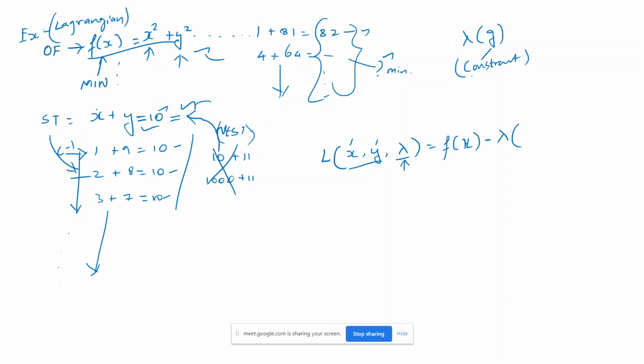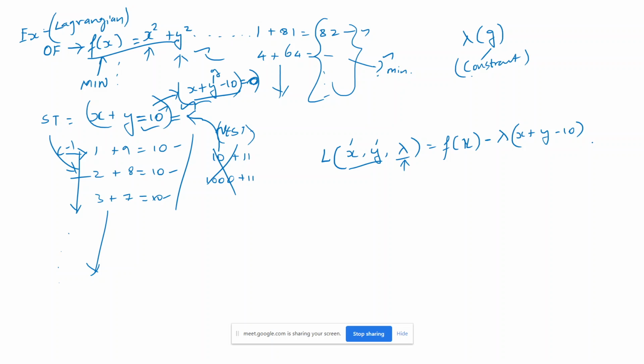What is the constraint equation here? I can write it like this: x plus y minus 10 is equal to 0. If I take it as 0, then this will be your g, and lambda of g is nothing but x plus y minus 10.